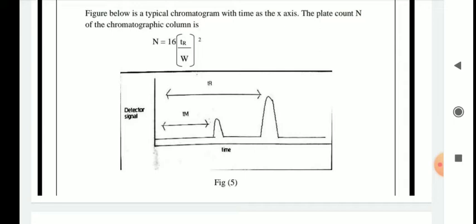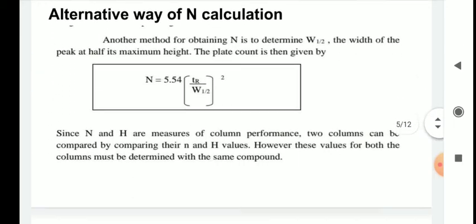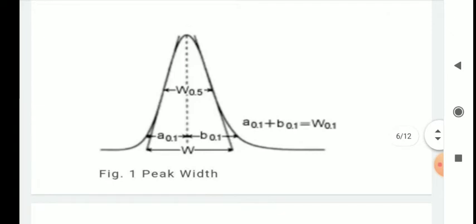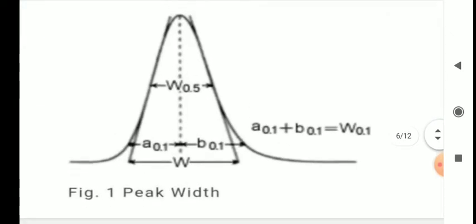Now, what is this W? If you look at this diagram, you'll find that the peak of any substance in a chromatogram is Gaussian, or symmetrical, or bell shaped.